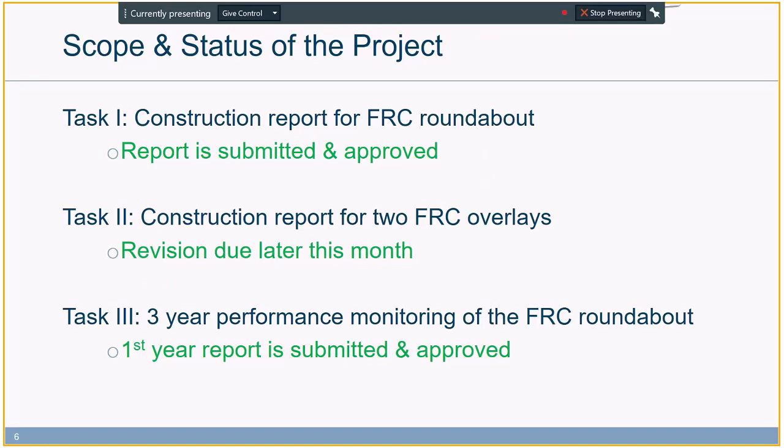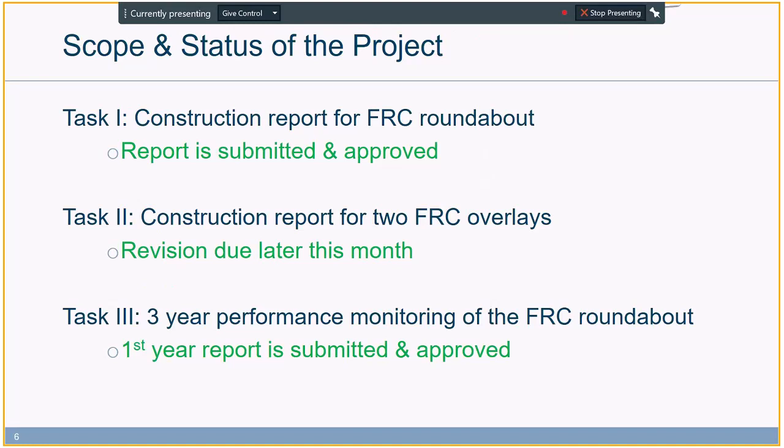The second task of the project was to develop a construction report for the 2 FRC overlays. Again, the same thing: go over the documents, review the available test data, review all the photos, and interview all the engaged parties from the contractor side, from the DOT side, and anybody else that was engaged in this project, and try to see if there were any unique experiences that could be included in the report and documented.